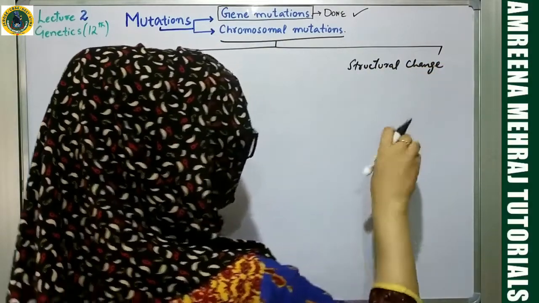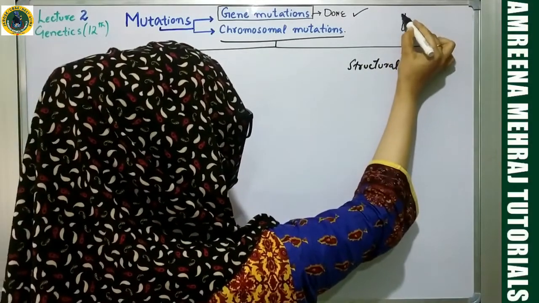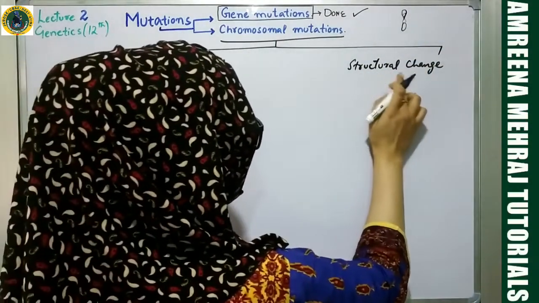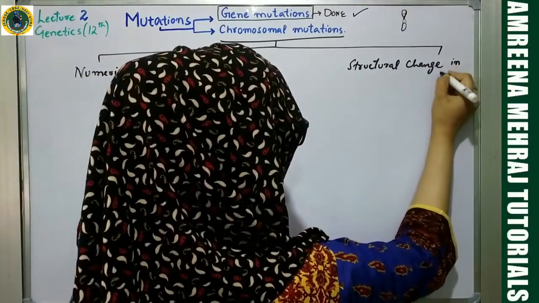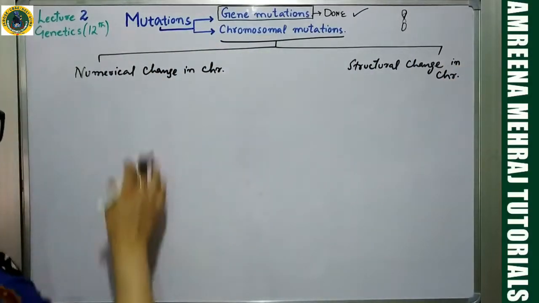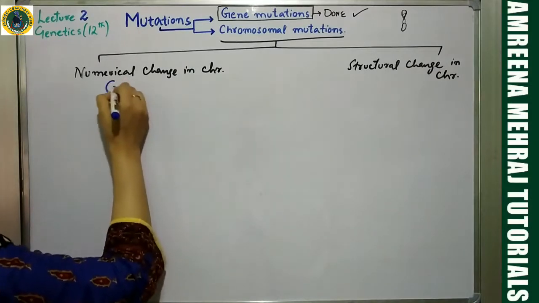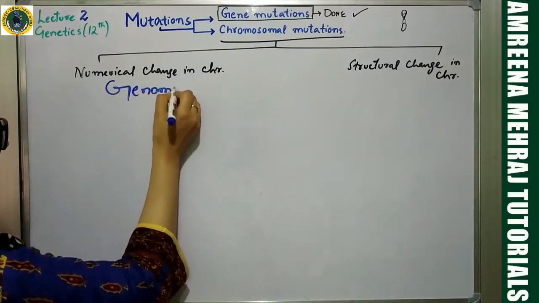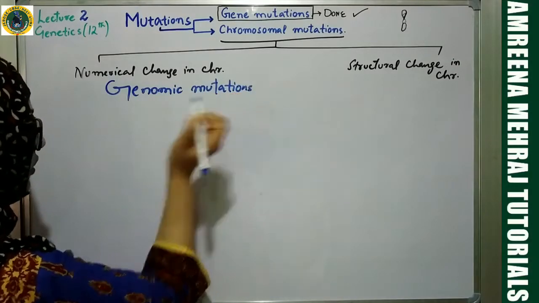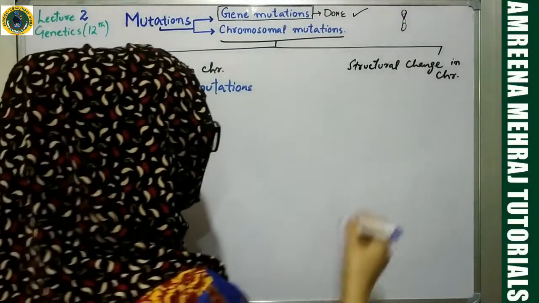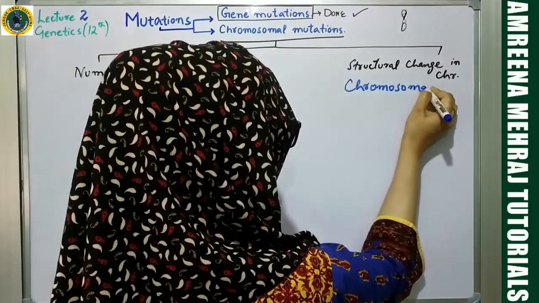So now we are not concerned with the gene, we are concerned with the entire chromosome. So structural change or numerical change in chromosomes. Numerical changes you call genomic mutations, and for structural changes you use the term chromosomal aberrations.